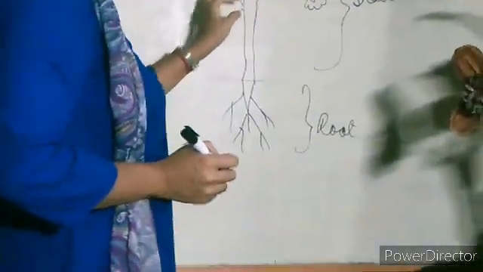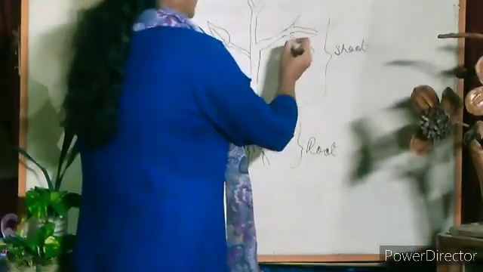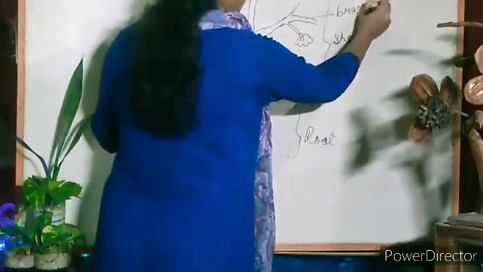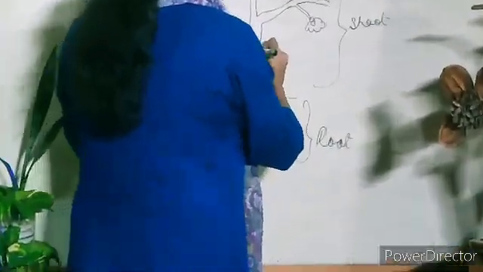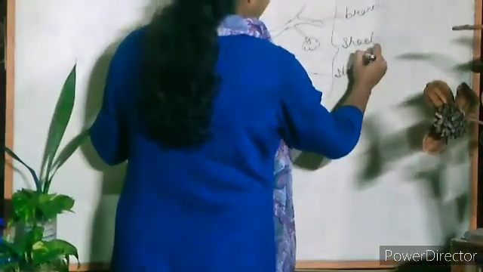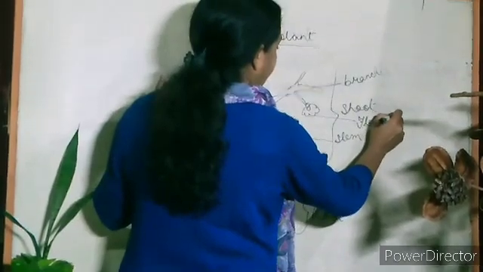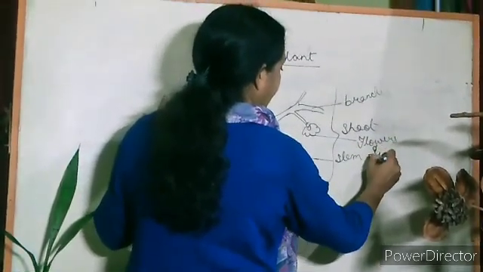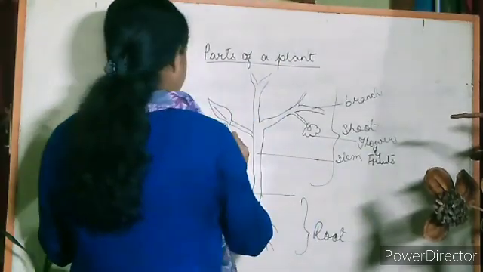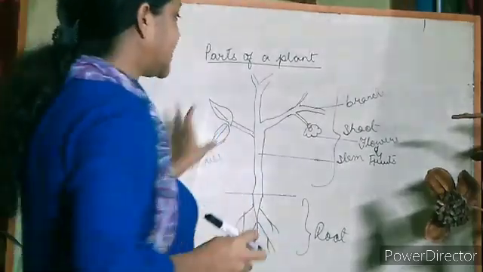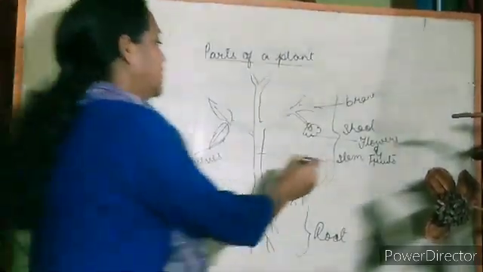Now the shoot bears branches, then stem, flowers and fruits, and leaves.